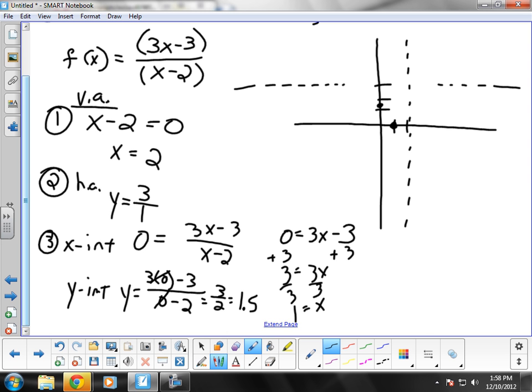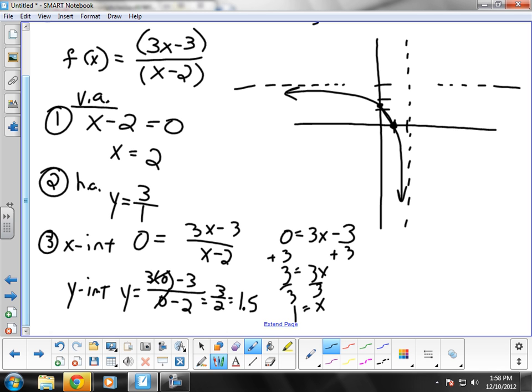But because we know that I've got to cross through here, right? And I know it's a nice smooth graph, then I know that this is going to come up here and get really, really close to that horizontal asymptote. And it's going to come down here and get really, really close to this vertical asymptote. Right? So I pretty much got that side figured out. Now, can I start down here on this one?